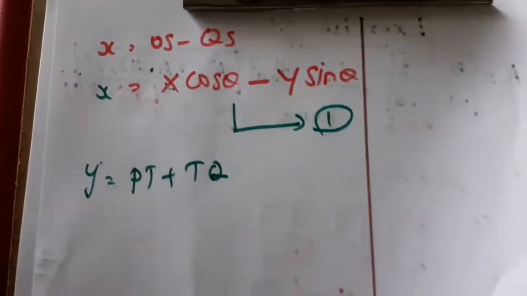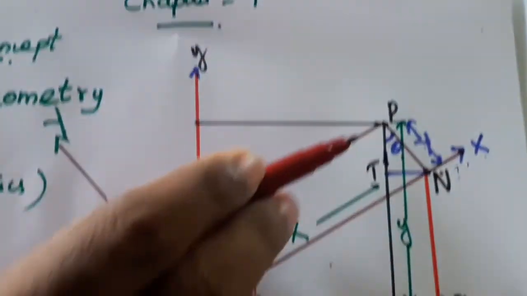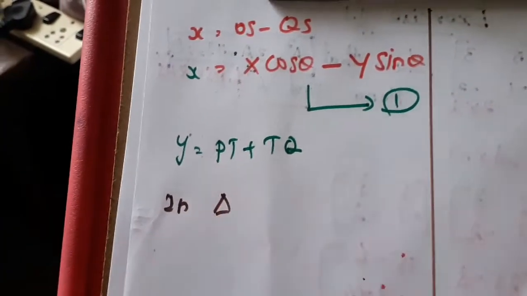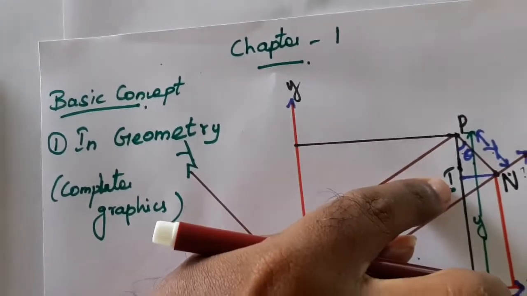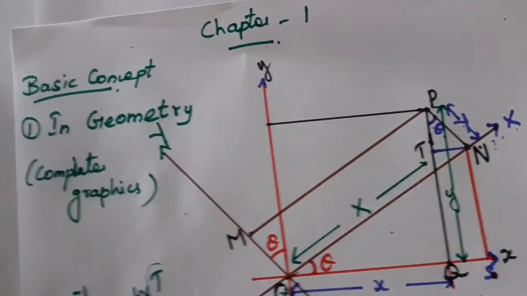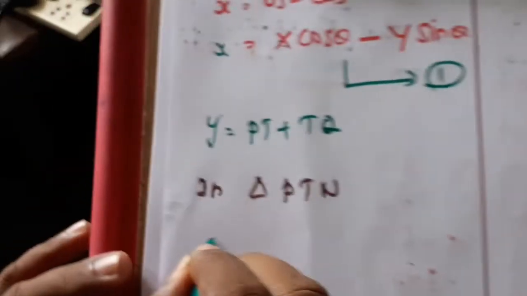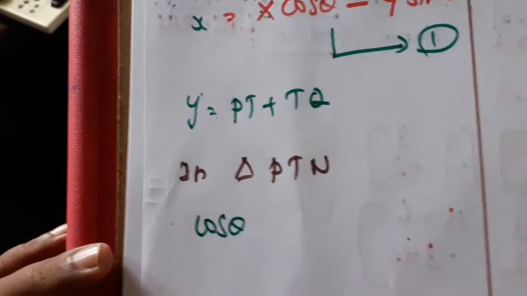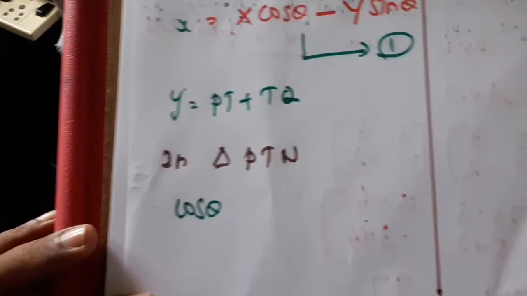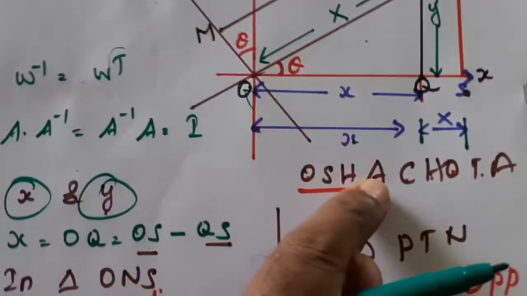What is the meaning of PT? First we need to check it in triangle PTN. So cos theta is equal to adjacent divided by hypotenuse.